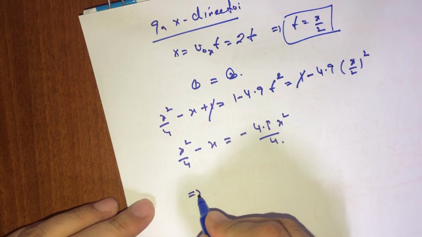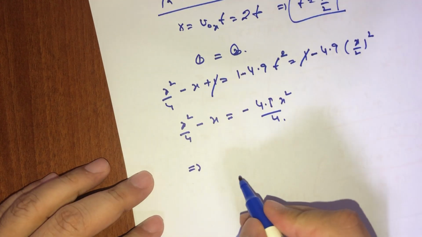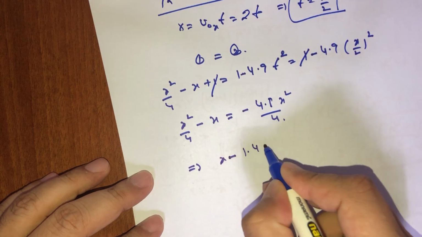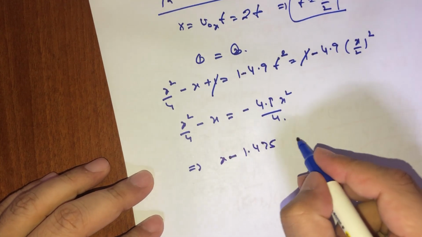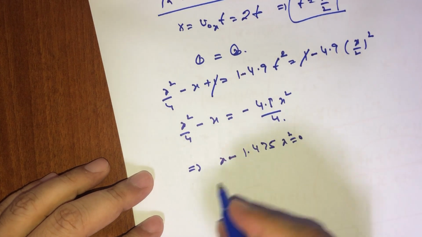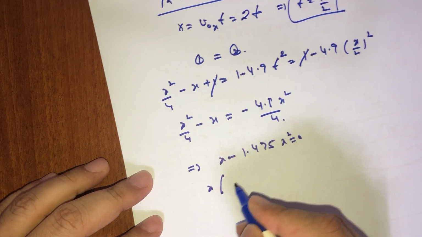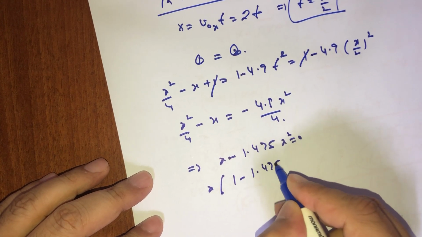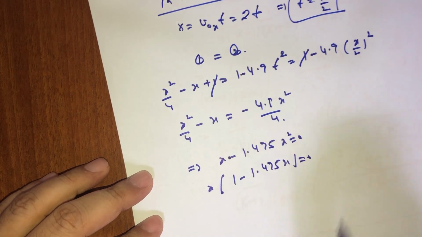So this can be further solved as x minus 1.475 x square equal to 0. Taking x as common, we get x times (1 minus 1.475 x) is equal to 0.